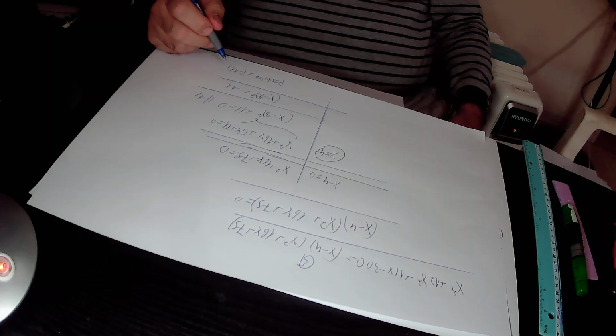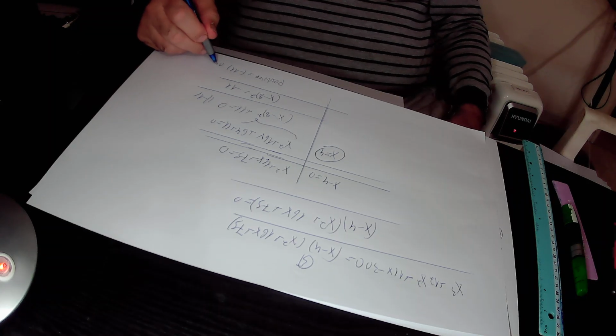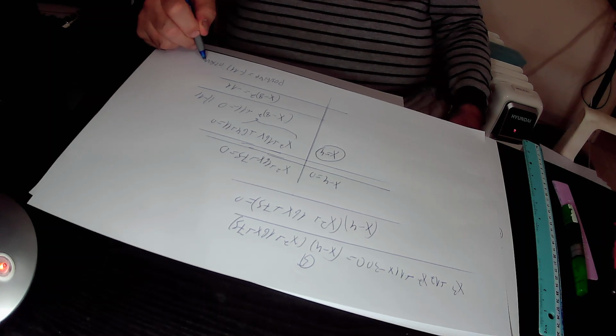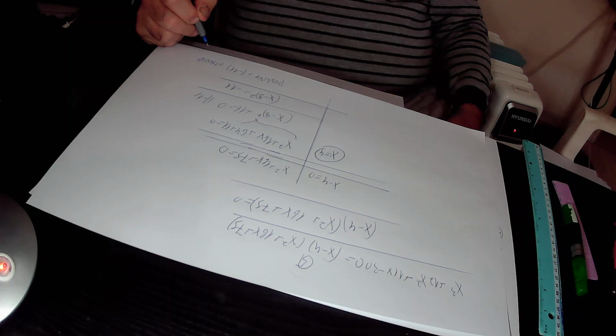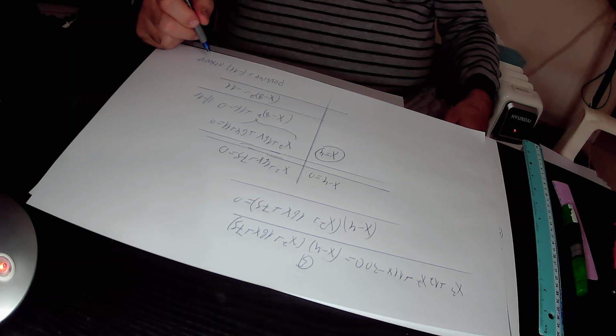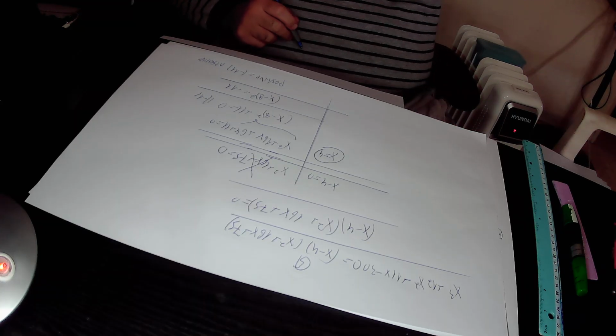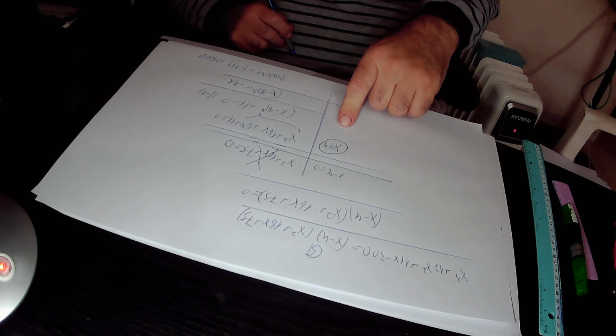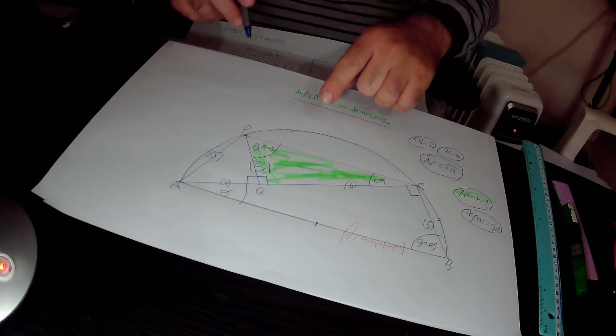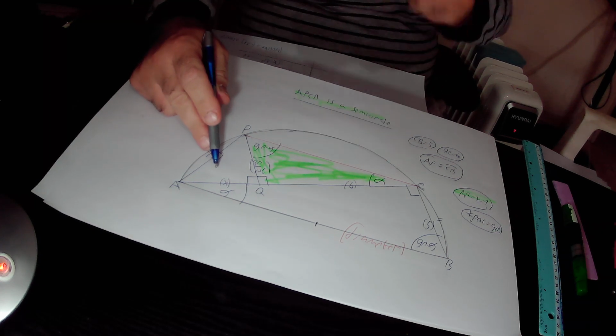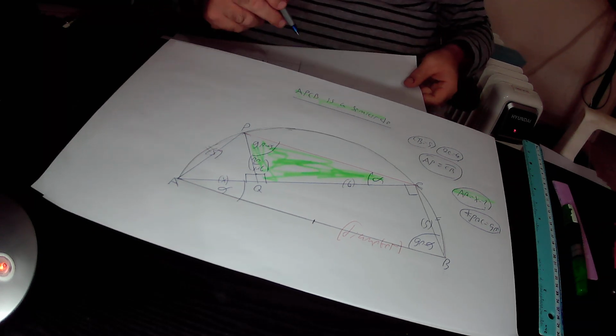A positive number can never be equal to a negative number, and therefore this solution is an incorrect solution. The only solution that is left for x is x equals 4. This is line segment AQ equals x, and x equals 4 units in its length.